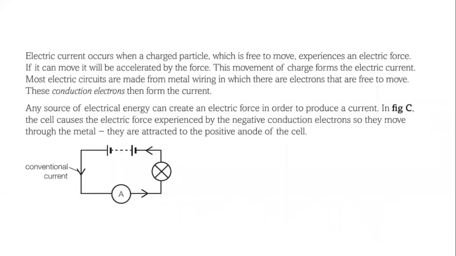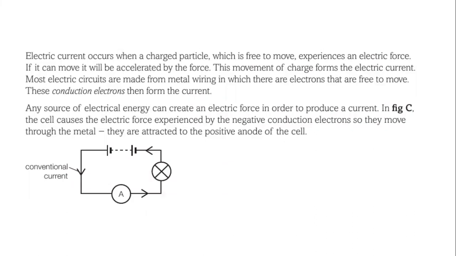Now, we have two types of current: the actual direction of the current and conventional current. We now know that electrical current is the flow of electrons. When electrons experience a force, they move from the negative terminal to the positive terminal.